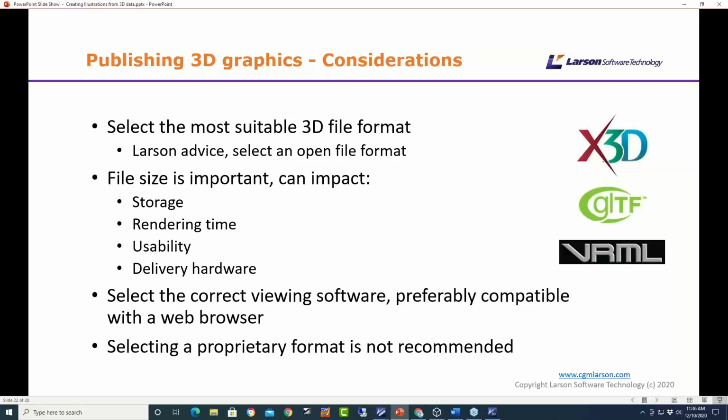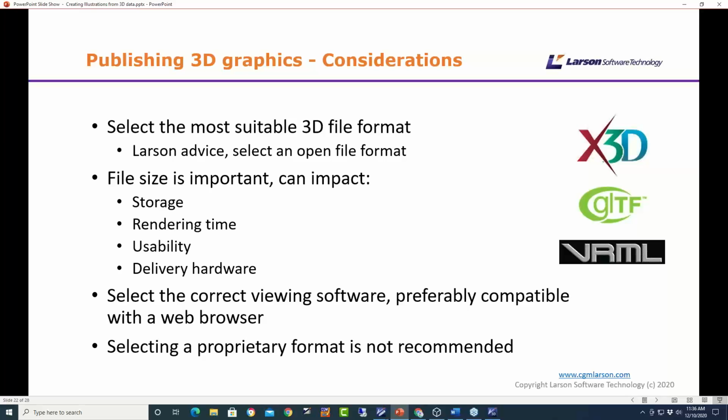So what are the considerations? Well, as I just said, if you're going to publish these, you really need to choose a 3D file format, and our advice would always be choose an open file format, not proprietary. Things to also consider are the file size, because that can affect storage of the data if you're having to distribute it, the rendering time, which is also the usability, and also the delivery hardware that you want to put this information onto.